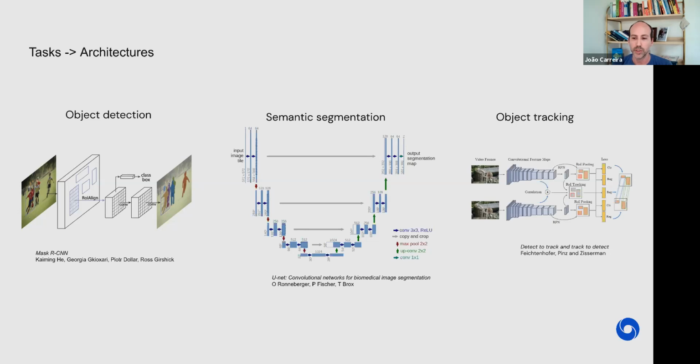If you want to do object tracking, there's also a whole literature of different architectures for doing that. So my point is that every task comes with different architectures, and every time you think that there's a new task that should be proposed, there's a lot of effort just building architectures, tuning them, and that's probably most of the research we do in the end.